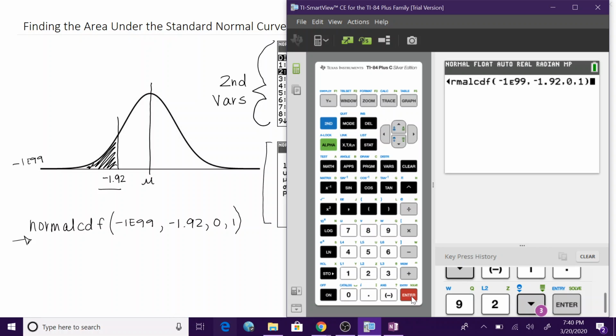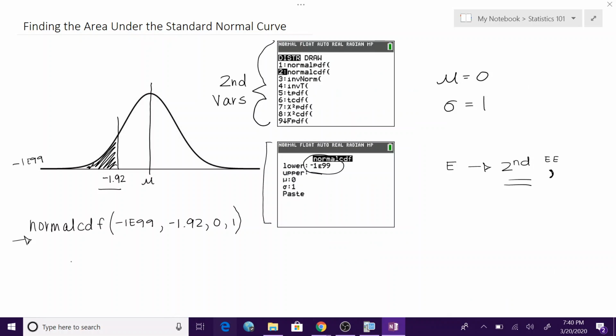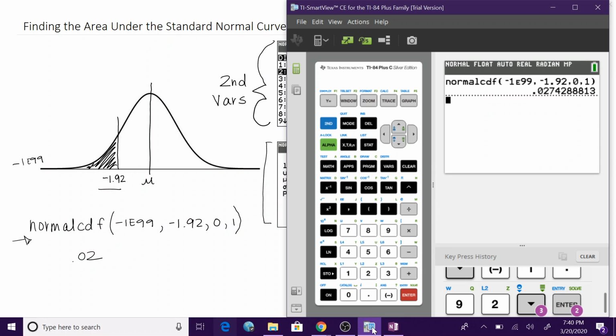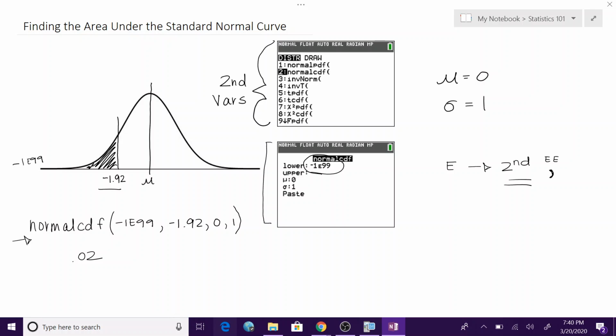Once you paste and press enter, you find that your area underneath your standard normal curve to the left of your z-score of negative 1.92 is going to be 0.0274. Depending on who you have and what your problem asks of you, you may only have to go to 4 decimals. Let's see. 0, 2, 7, 4.